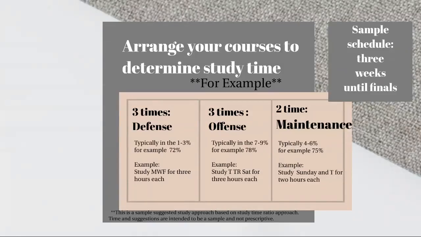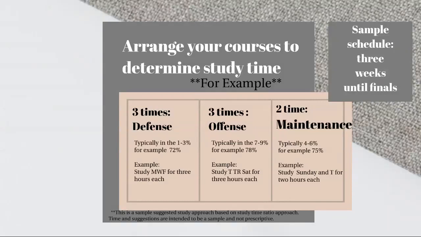It's more likely that we could lose that percentage and slip maybe down towards the D category if we're not careful. So what we want to do is really think about defending this 72%. What would we do then? We would want to work in a 3 to 1 ratio. So for every one time we study another course, we would want to study this course 3 times just to make sure we're maintaining our knowledge base here.